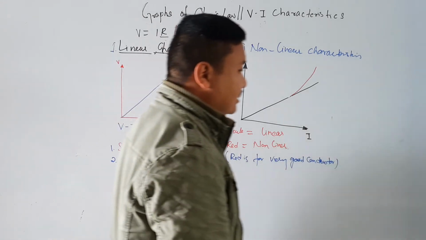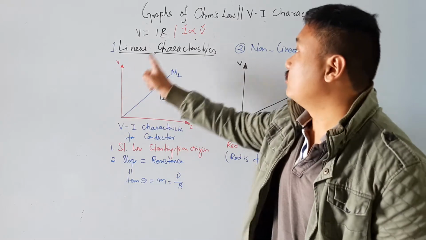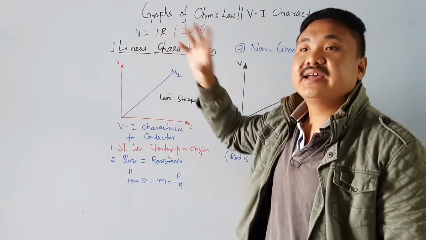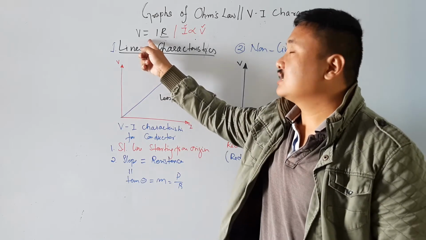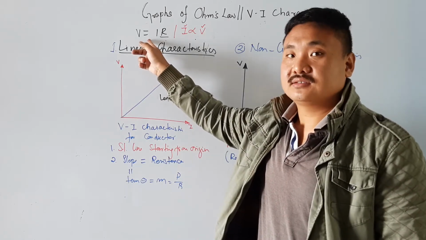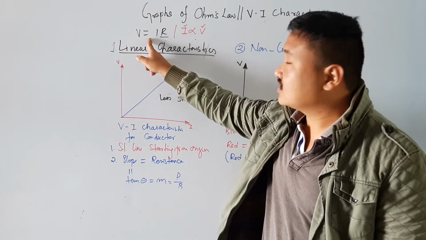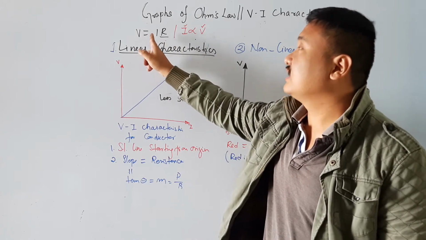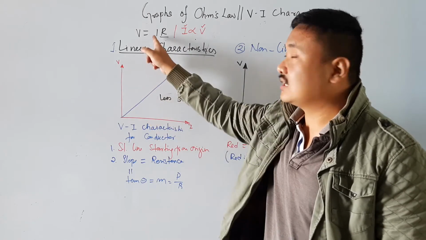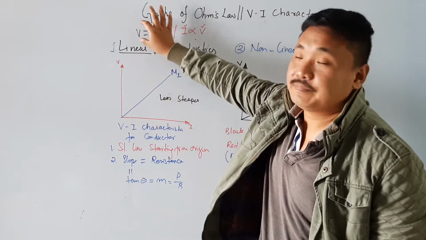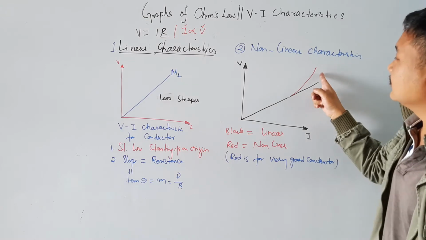It means that Ohm's law, V equal to IR, is not the ideal Ohm's law. This has to be corrected, because according to this law V equal to IR, it is the equation of a straight line. So it should always give me a straight line according to this law. But here it is not giving a straight line.